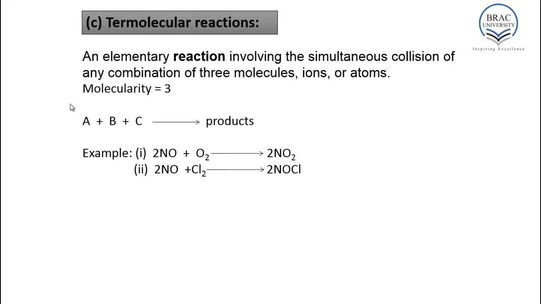Not necessarily do they have to be different. Again, there can be 2A and 1B, or 2B and 1C, like this. We can see another example: 2NO and O2 react with each other and produce 2NO2. There are altogether three reactants. That's why this is an example of a termolecular chemical reaction.